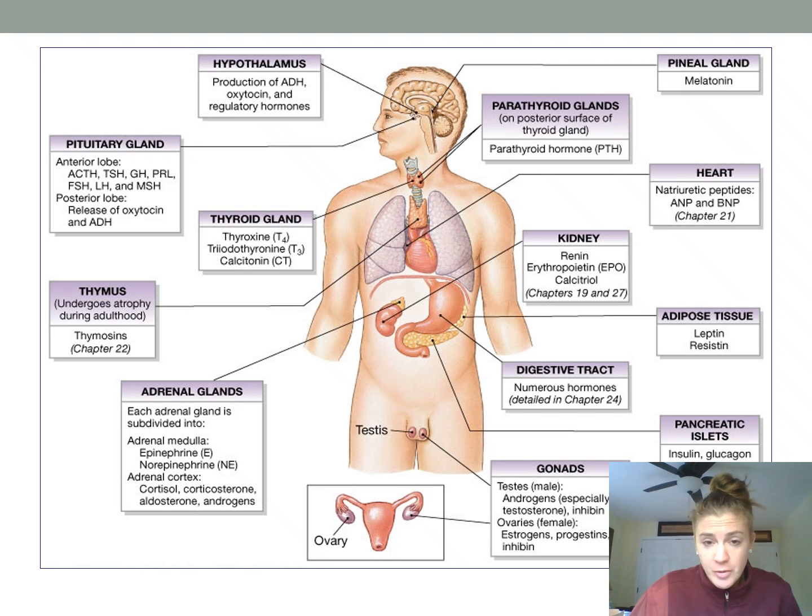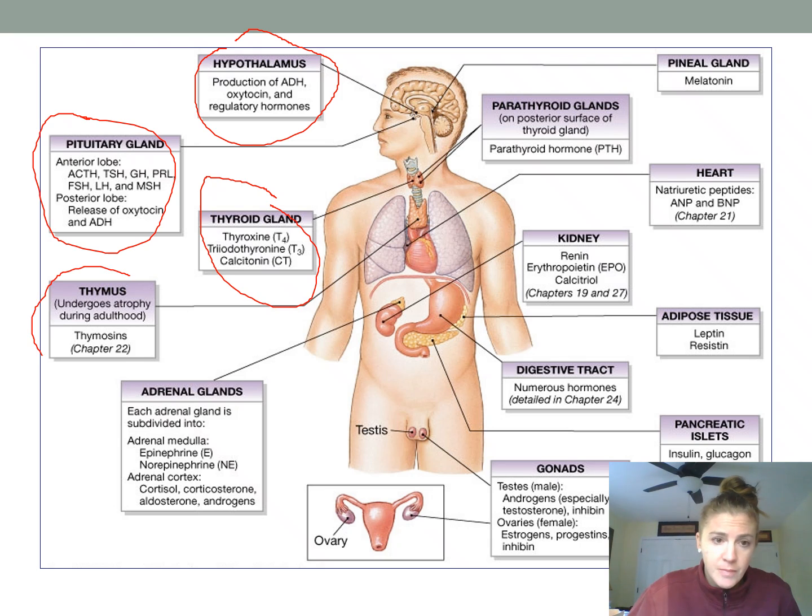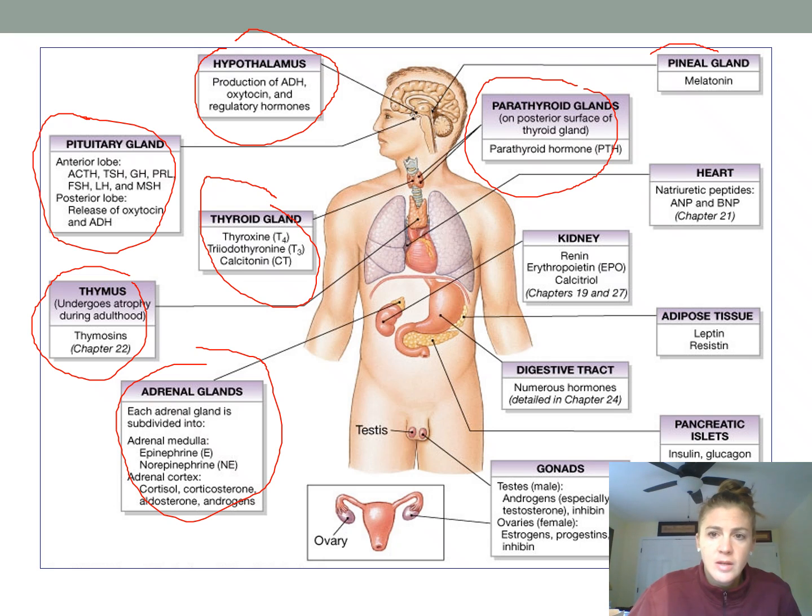Here is just a visual diagram of what you just learned in your video. Today, we will primarily be discussing the hypothalamus, the pituitary gland, the thyroid gland, the thymus, the adrenal glands, the parathyroid glands, the pineal gland, the pancreas, and the gonads.